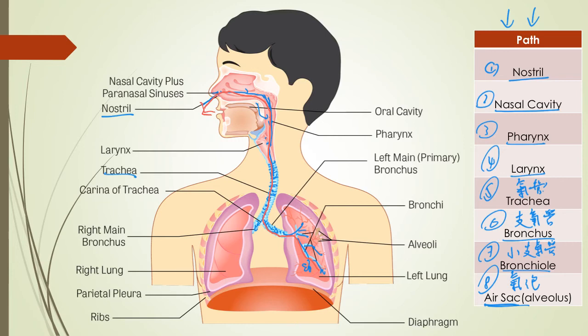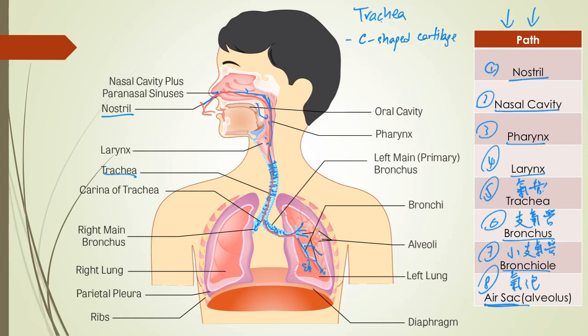And just now we've mentioned the trachea here. You can see here is the C-shaped cartilage.